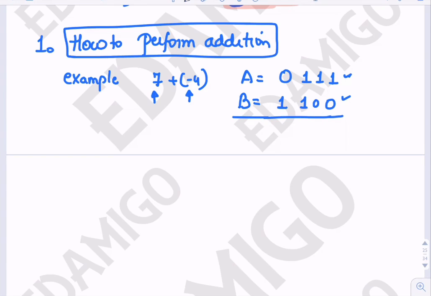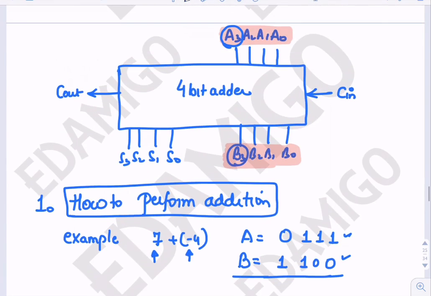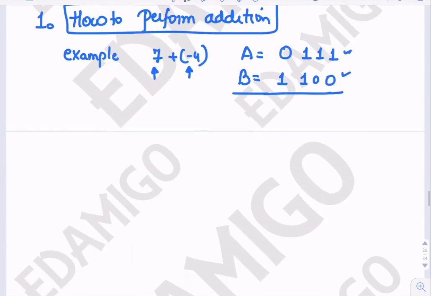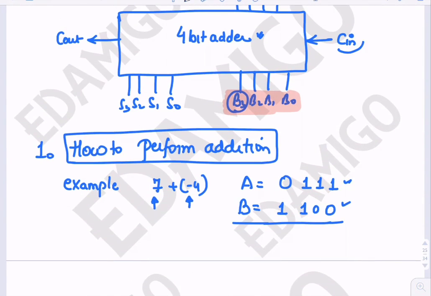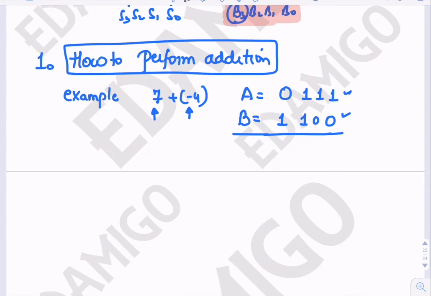Now we know that this 4-bit adder simply adds the two numbers, and we are assuming that here Cin is 0. So we'll add these two. We'll get 1 here, we'll get 0 here, and we'll get 1 carry here, we'll get 0 here, and 1 carry out also.